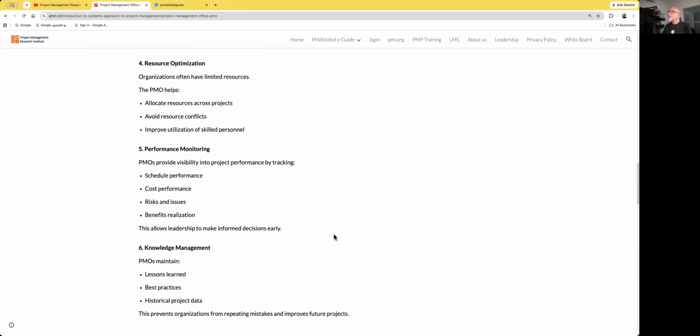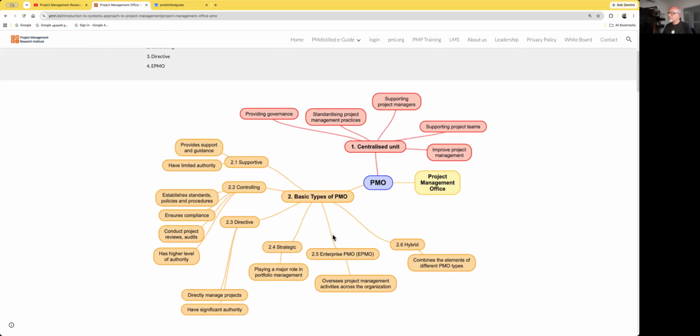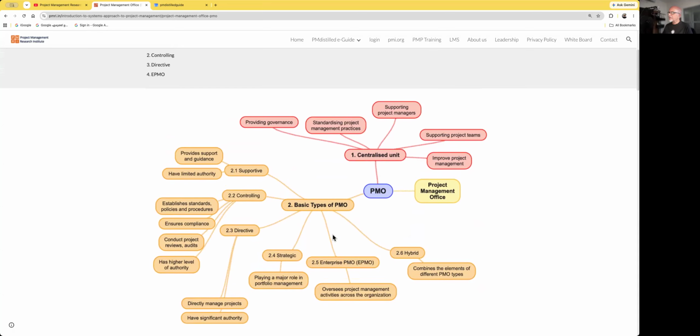So if you are in a project, your organization will have a PMO. Your owner organization will have a PMO. Contractors will have PMOs. So if you can understand what type of PMO they have, then that will add a lot of value for effective stakeholder management.